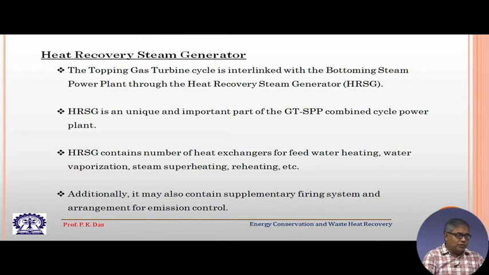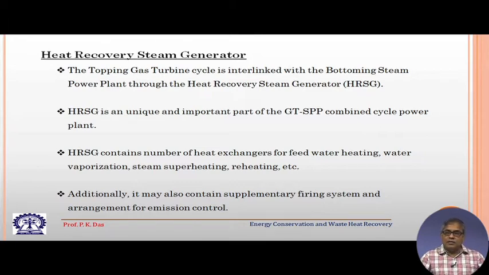Heat recovery steam generator contains a number of heat exchangers. So, basically it is a device in which heat exchange takes place, but that exchange of thermal energy does not take place with a single heat exchanger. There are a number of heat exchangers, like the feed water heat exchanger for feed water heating, vaporization of water and steam superheating.